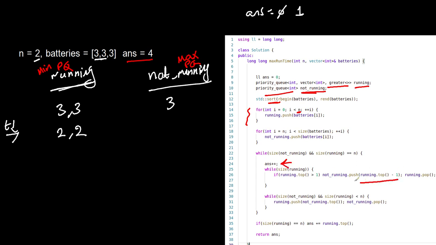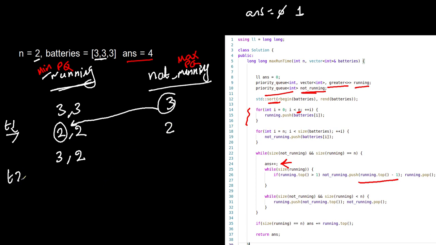Now the top of the min priority queue is less than the max, and because we want to use the batteries that have large value, we swap these two batteries. So here we'll put 3, 2, and this 2 we push to the not running.